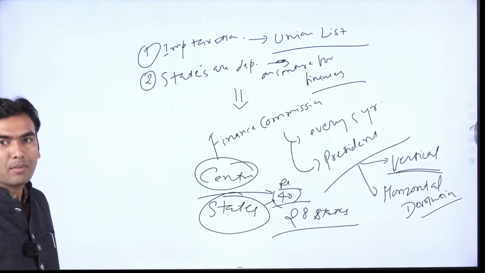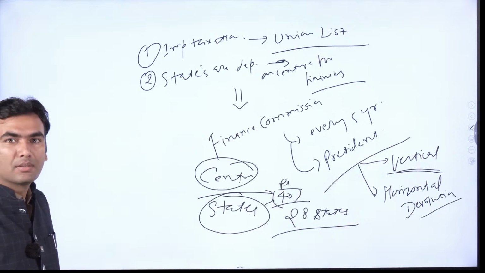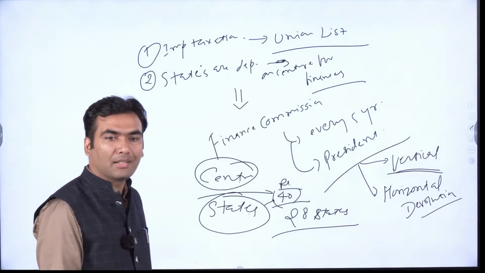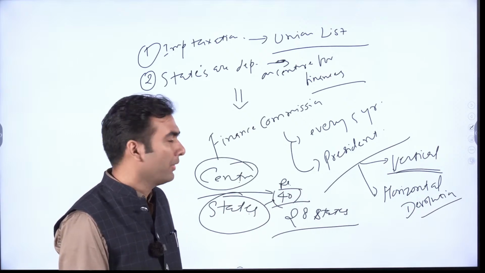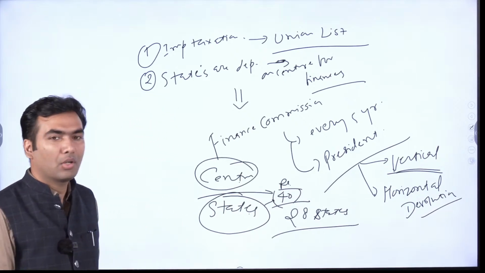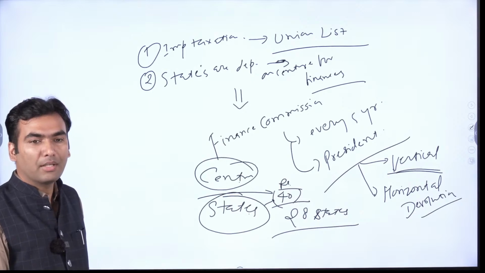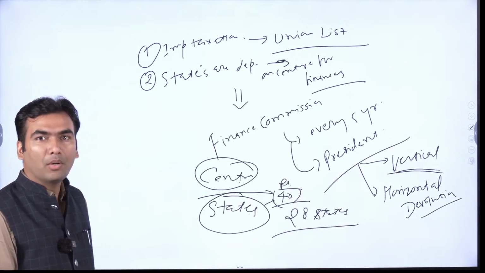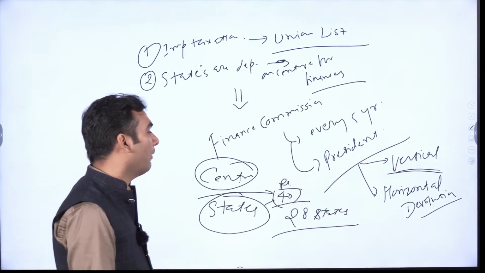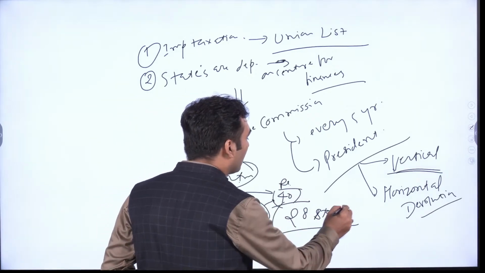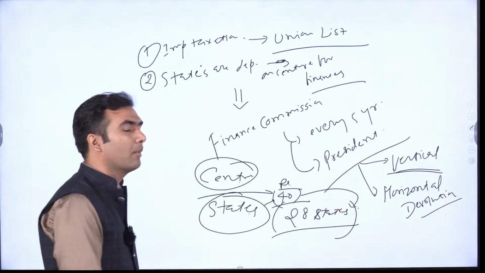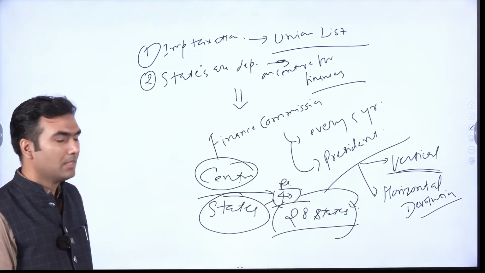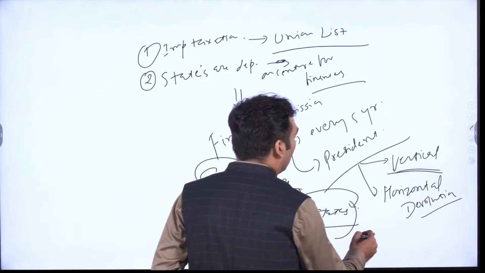Some are big states, some are small states, some are very small states. Their population is different, their development level is different, their area is different. So we cannot simply say that all 28 of you will divide these 40 rupees in equal amounts. So we need a formula for how this 40 rupees is further going to be distributed among 28 states. This is called horizontal devolution.